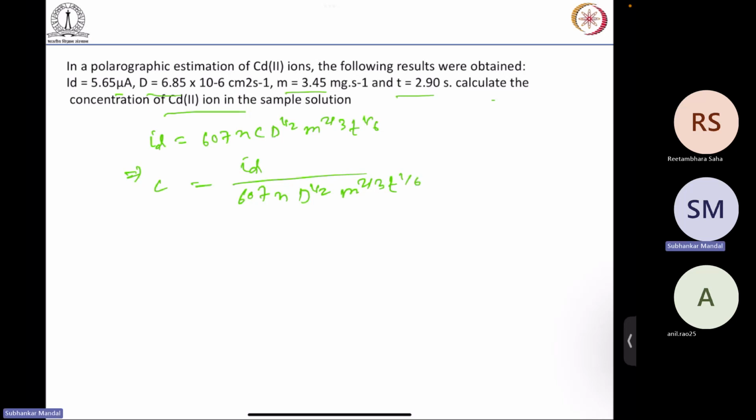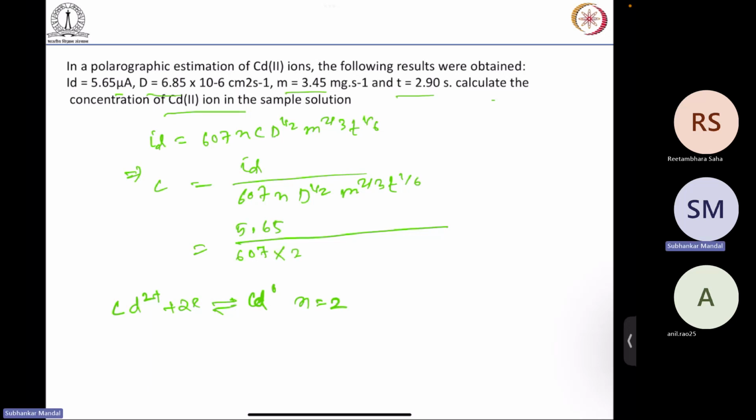Okay, so I can put in all the values. The diffusion current is 5.65, it is given. 607. n for cadmium 2 plus: it will accept 2 electrons and form cadmium zero, so n is equal to 2.